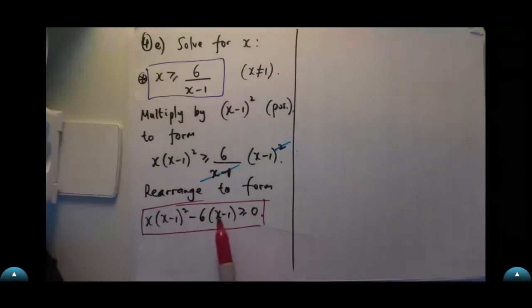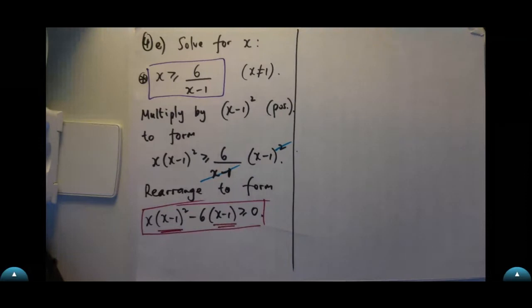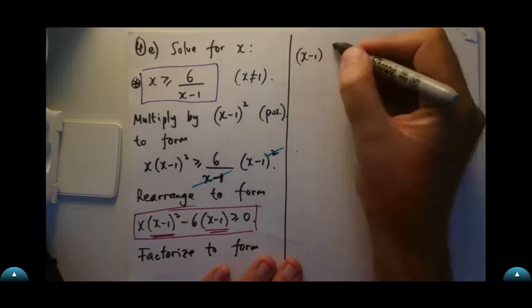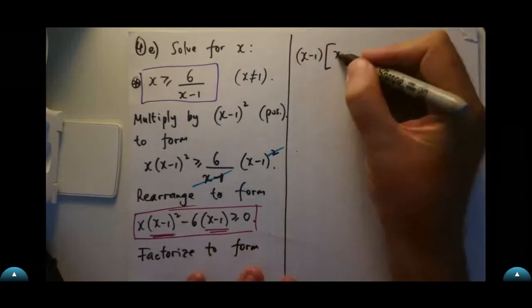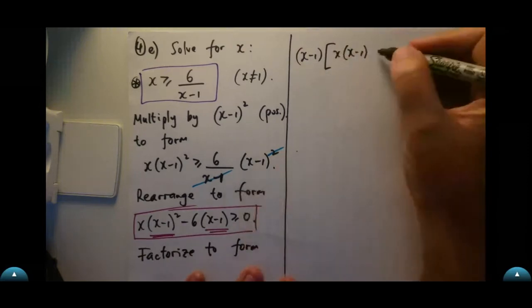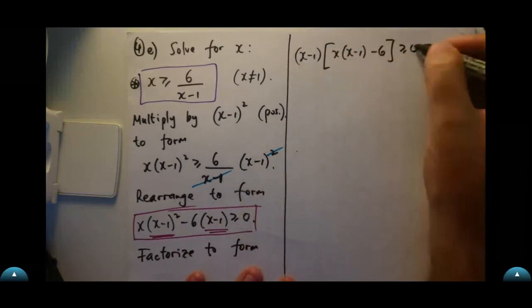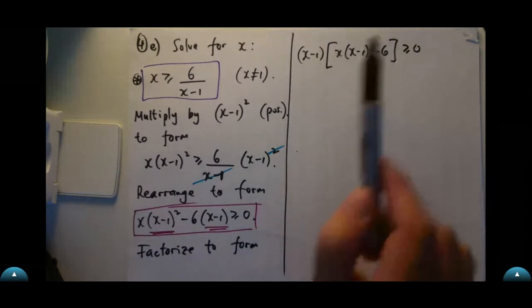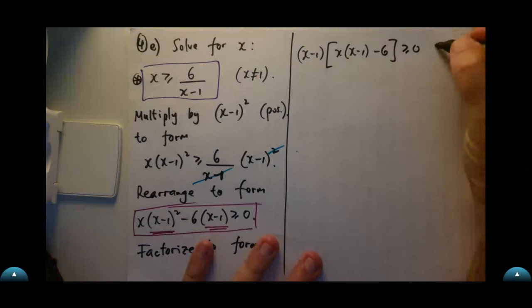Now it's tempting to expand the brackets, but you've got a common factor, which is always great. So we're going to factorize. Okay, so we've got x minus 1 times x minus 1, this, and I'm going to simplify that square bracket.